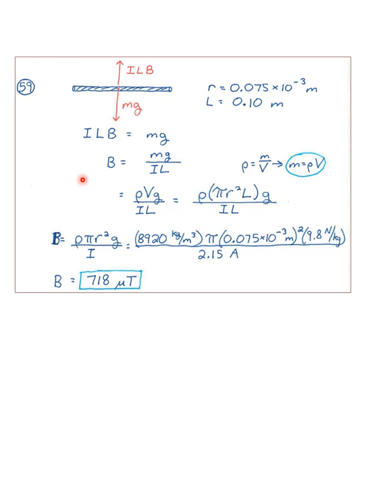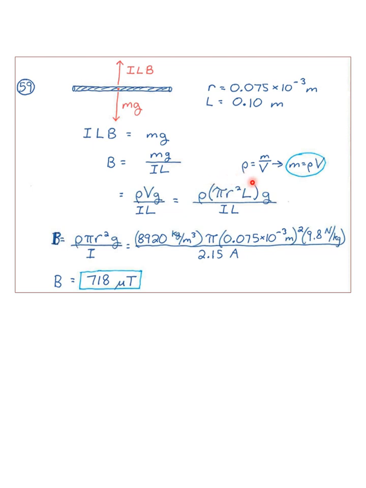Now we have to figure some things out here. So the mass, we don't directly know the mass, but it mentions that it is copper. And so we can get the density of copper. Mass is density times volume. So I'll turn mass here into density times volume. And since it's a wire, which is basically a long, thin cylinder, volume becomes pi r squared times the length.